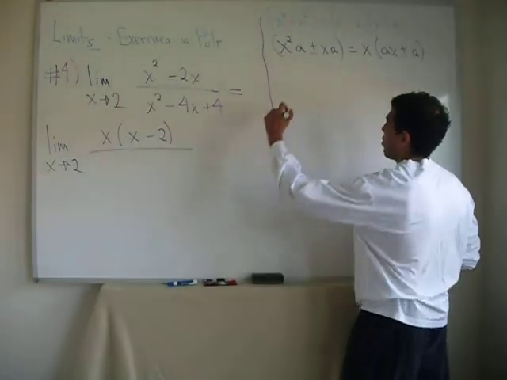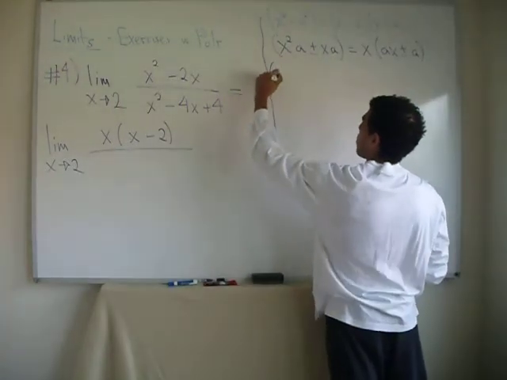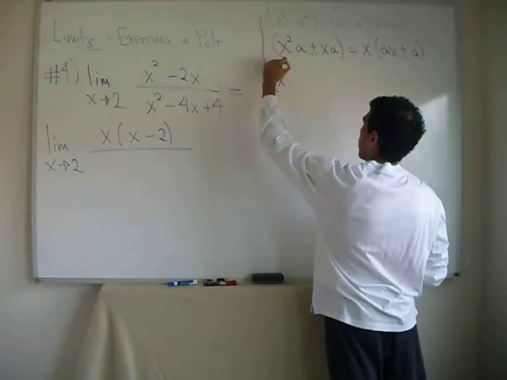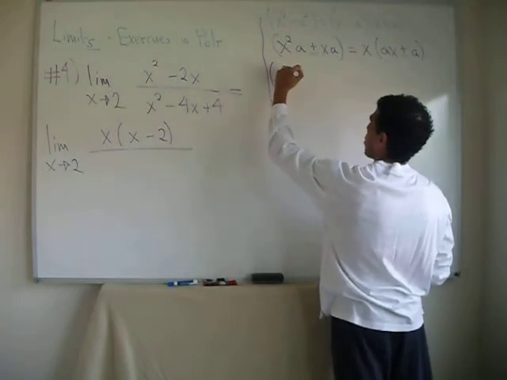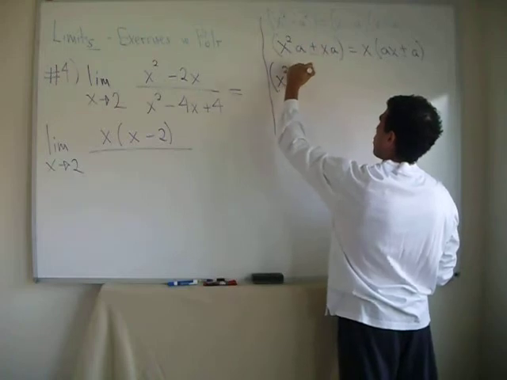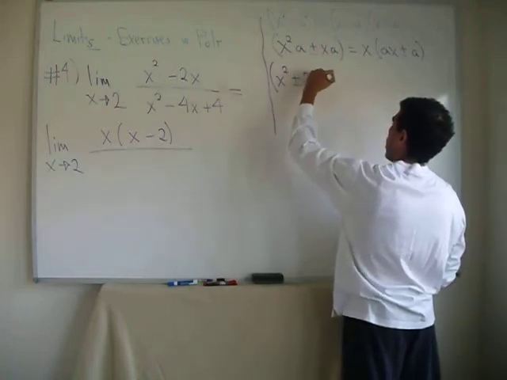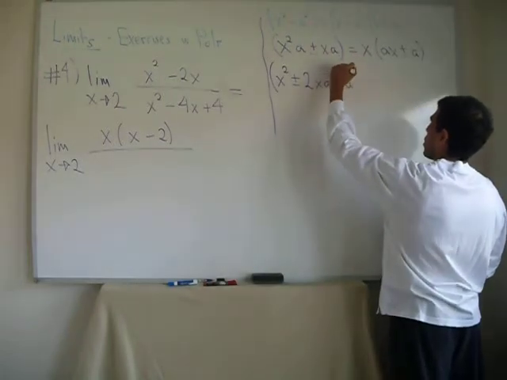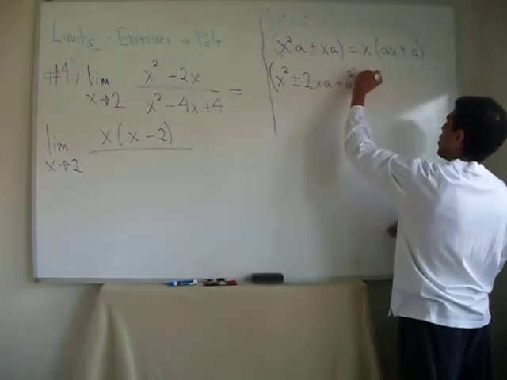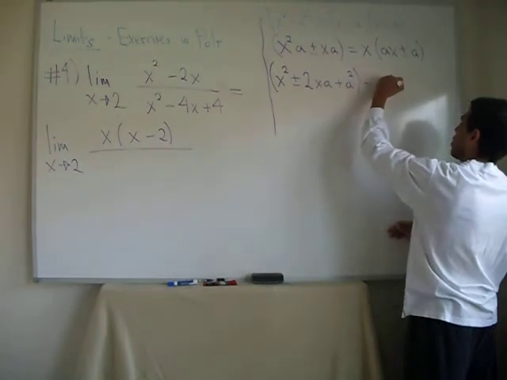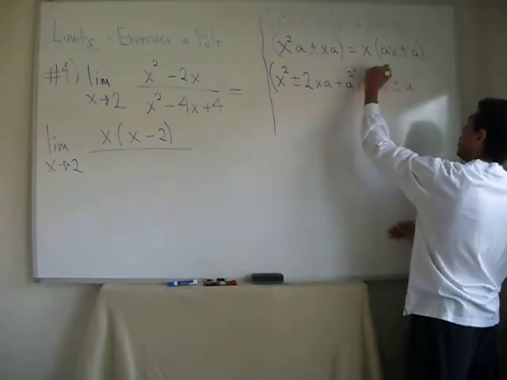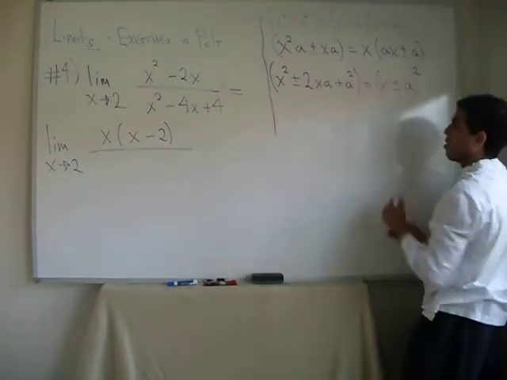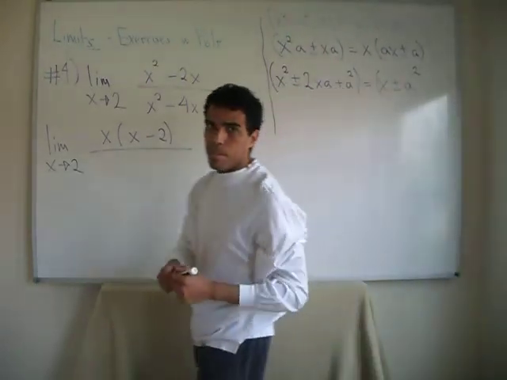Well, if you correctly recall, if I have something like x squared plus or minus 2xa plus a squared, this is exactly as if I would have x plus or minus a, all of it squared. Okay? Do you see the resemblance?